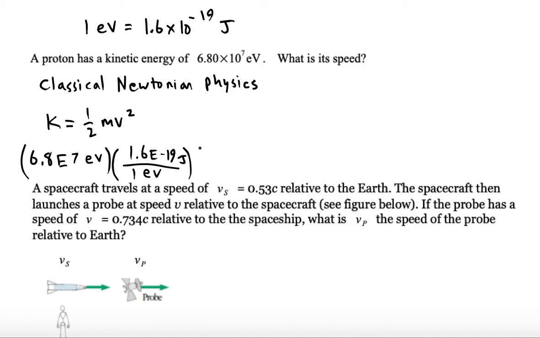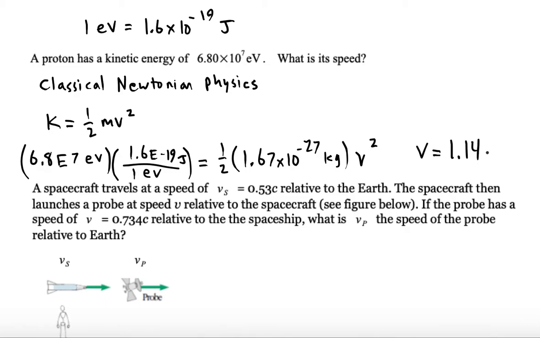And then you would simply set that equal to 1/2 the mass of a proton times v squared, and you solve for v. I get v equals 1.14 times 10 to the 8 meters per second.